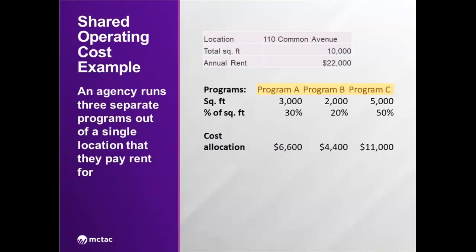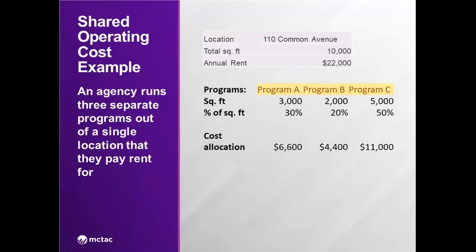So what you need to do is have a plan by which you can determine the square foot each program uses, calculate the percentage of that, and then multiply that percentage by your annual rent.